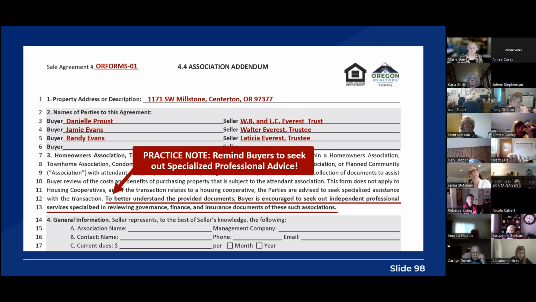They need to get the documents, they need to have time to review them, and if they don't feel confident in it, they should get an attorney or a CPA to look at it. There are companies that will review all of that information and give you a response. Now, it's going to cost money, but in some cases that might be important.